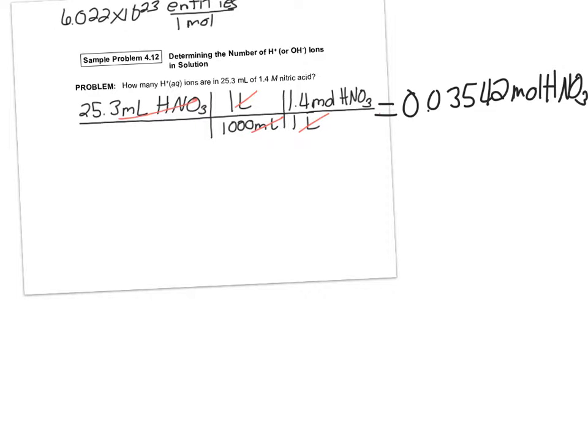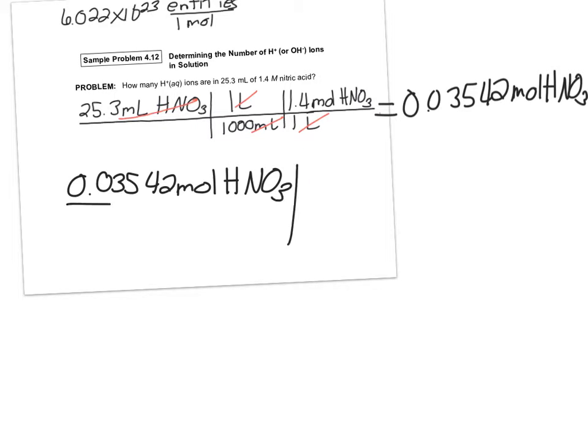And now I can go from moles of nitric acid to moles of hydrogen. And why am I going to do that? Because they're interested in hydrogen, right? Just the H plus ions. So let me rewrite down what we just figured out. 0.03542 moles of HNO3.